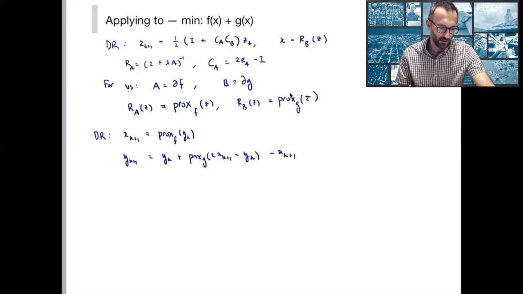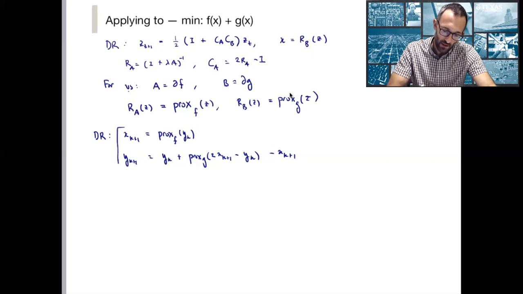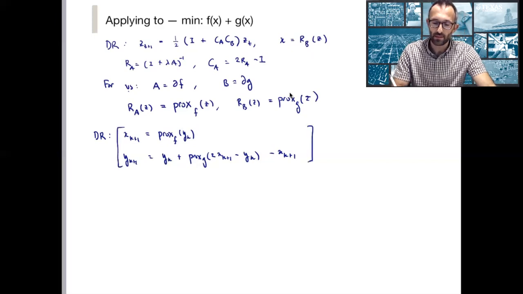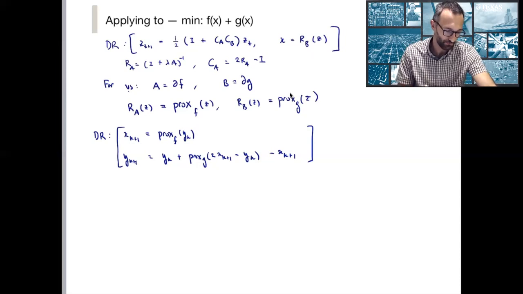Okay, so let's write this down and plug in things, and then really identify that this expression here is exactly the same as the iteration that we have up at the top of the slide.